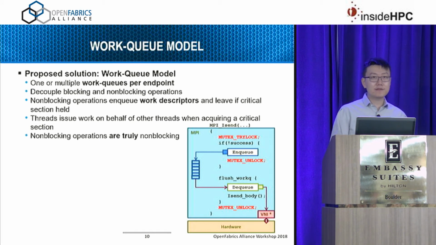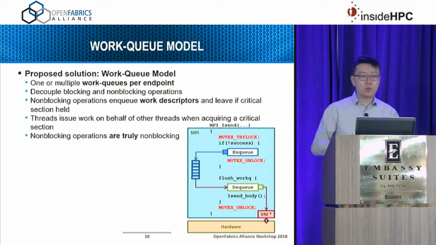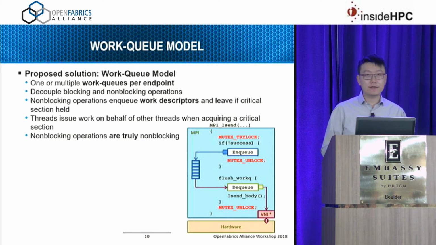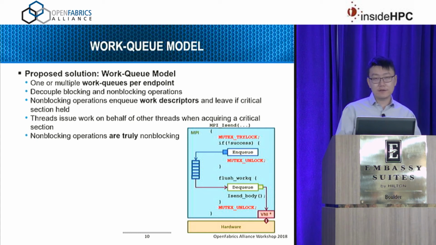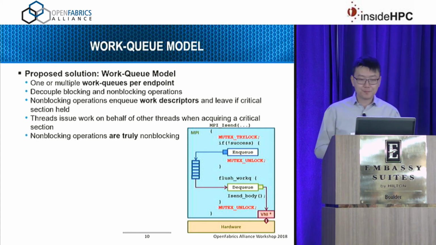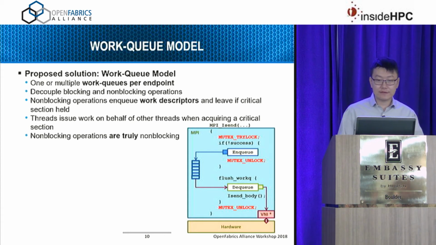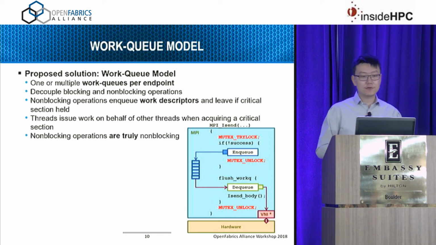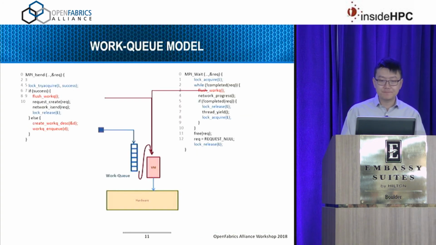So basically we're decoupling the issuing process and the locking in some sense. The basic benefit is that the thread won't have to waste any time just trying to get a lock instead of doing useful work.